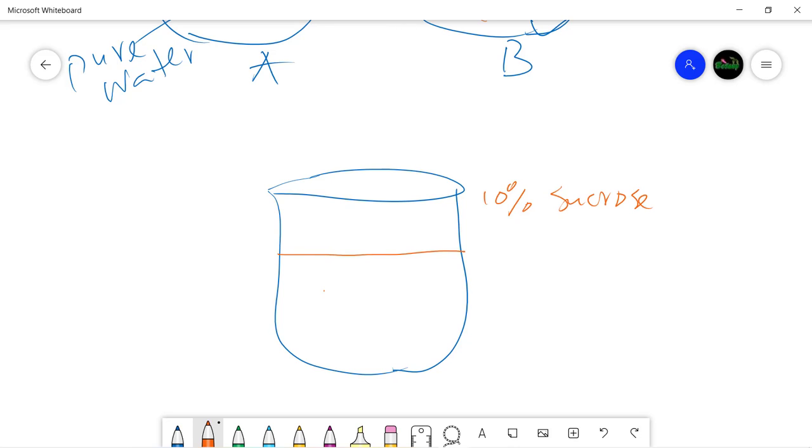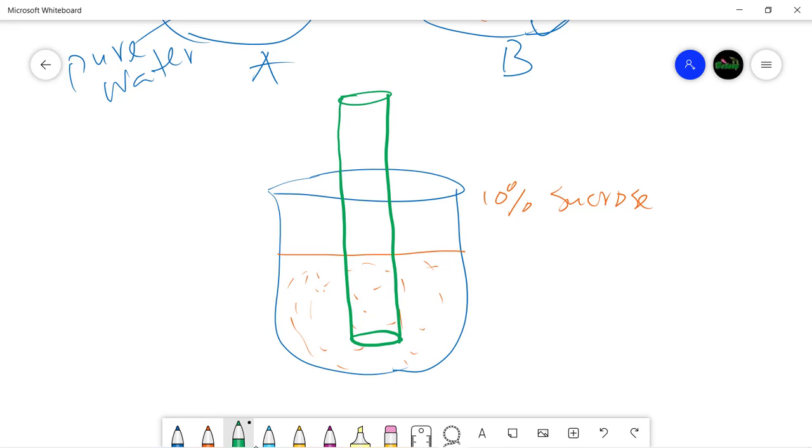Again, adding 10 grams in enough water to make it 100 ml. And then we take a tube. Let's give it a different color. It has a sufficiently large bore. And then we take a semi-permeable membrane and we tie it to its mouth. Now this is a semi-permeable membrane tied here. And now we add solution in this particular tube.